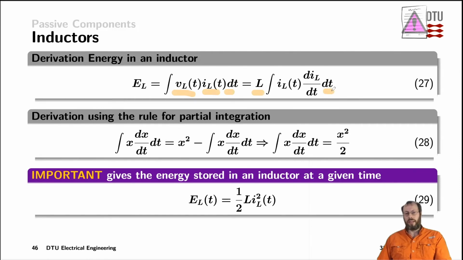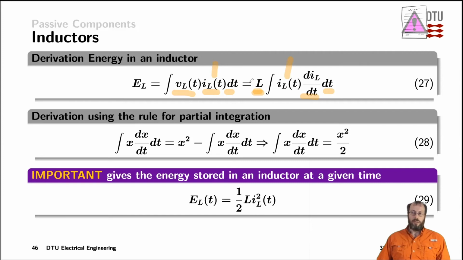There are effects like aging and things like that, but in the first approximation, it is a very good assumption that the inductance will stay constant across that integral here. That would mean that the voltage across the inductor turns into the derivative of the current times the inductance, which we put outside the integral, and we have the current left here from our previous definition of the power inside that integral.